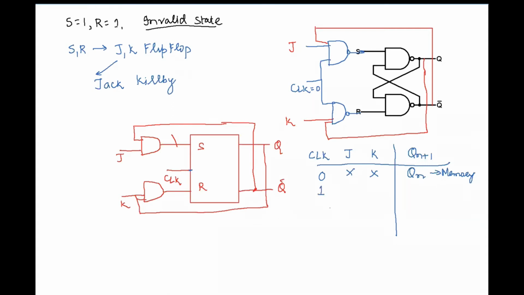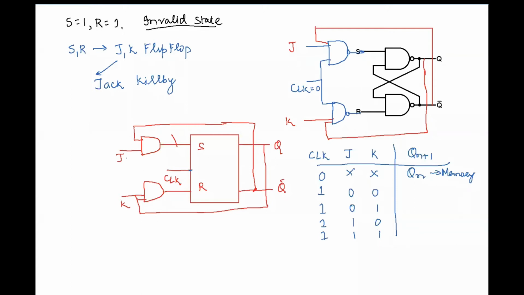Now when the clock is 1, four different possibilities are there. J and K are 0 0, 0 1, 1 0, and 1 1. Now we will look at the functioning here.